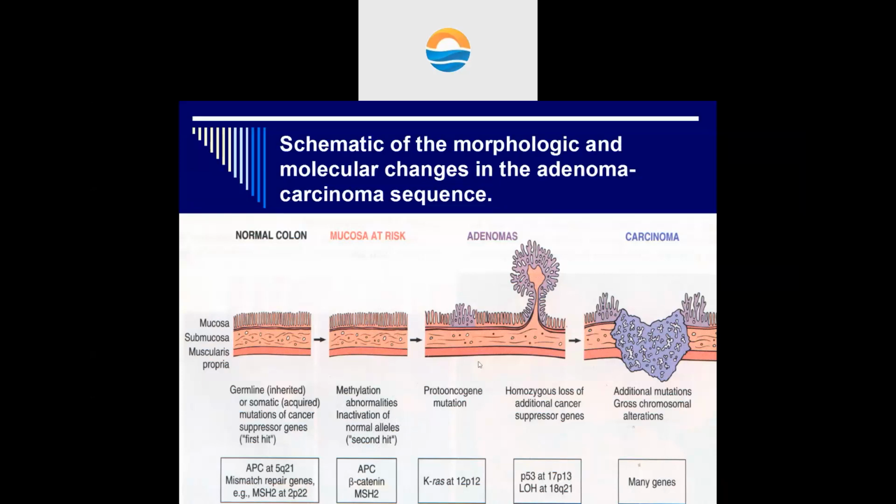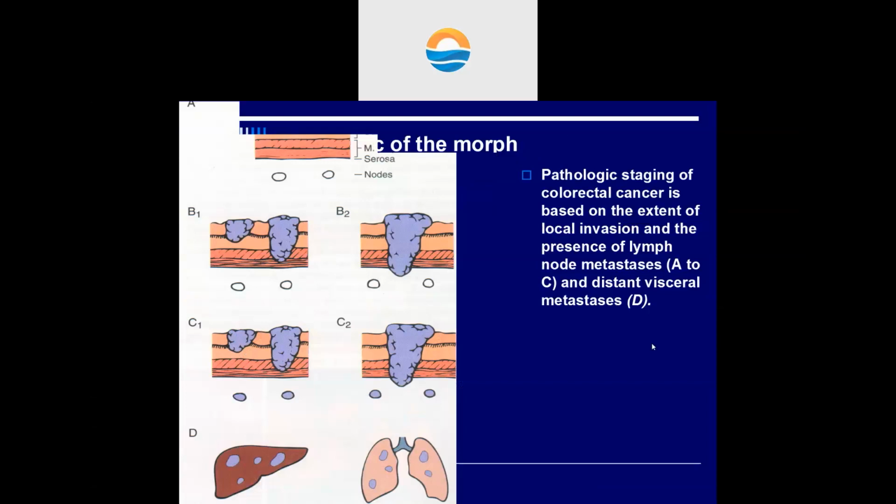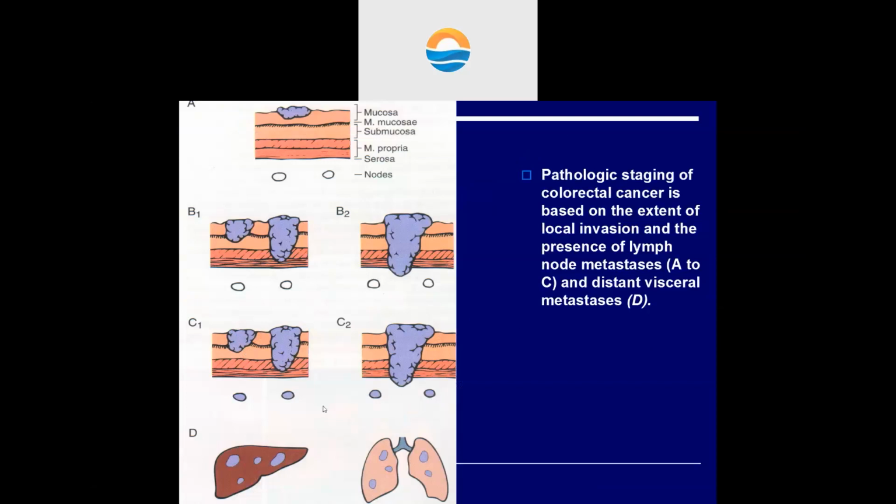Then the proto-oncogene mutation. Then we see the loss of cancer suppressor genes. Then more severe mutations and gross chromosomal alteration of many genes, and in that case we see carcinoma. You have already seen this picture, stage by stage, the growth of the tumor from the stage A to stage D.